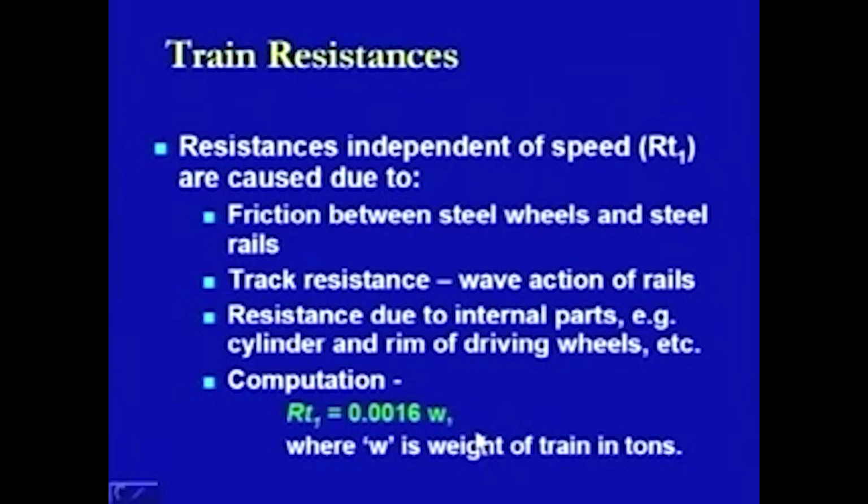Here we are talking about the friction of steel wheels on the steel rail. There is a track resistance which comes up in terms of the wave action of the rails. This wave action of the rail is caused because of the transfer of load from the top to the bottom through the wheels. Whatever load comes at any of the wheels is transferred to the rail. Now, when this is transferred to the rail, there is going to be a certain depression at that point.